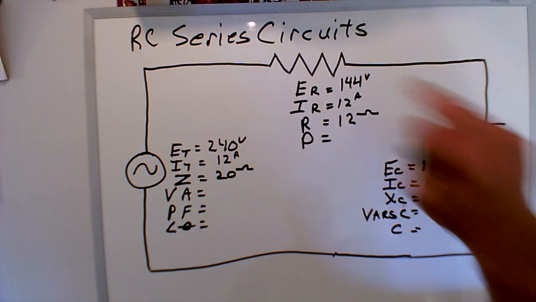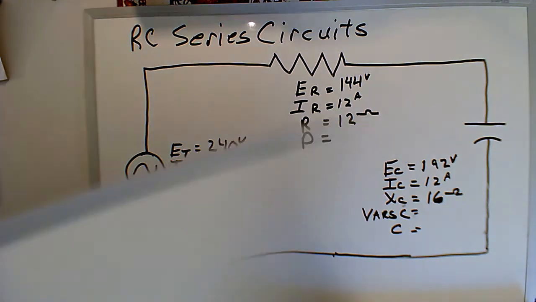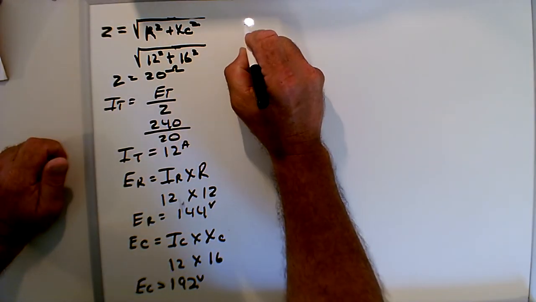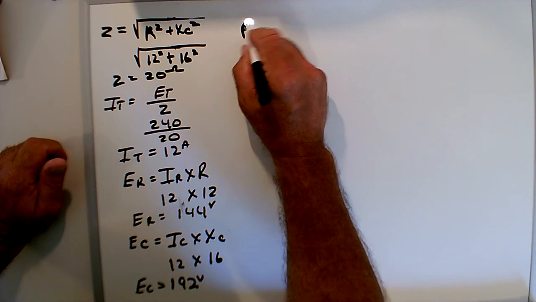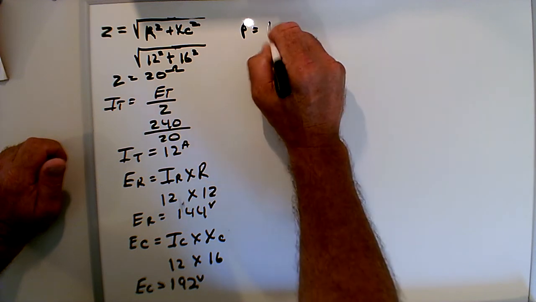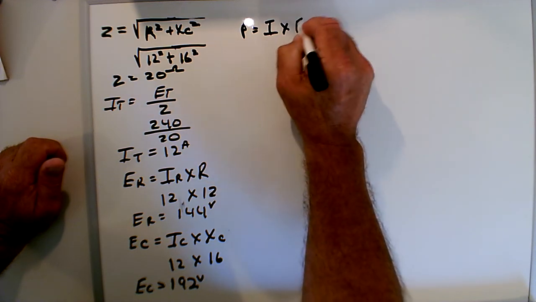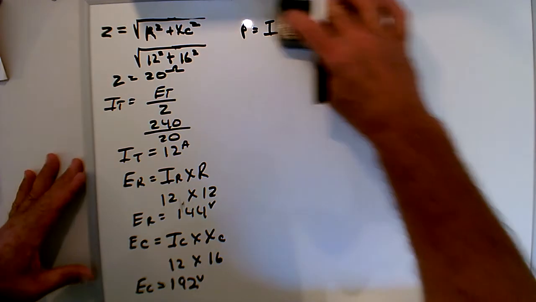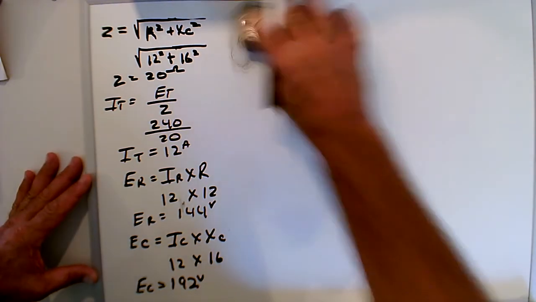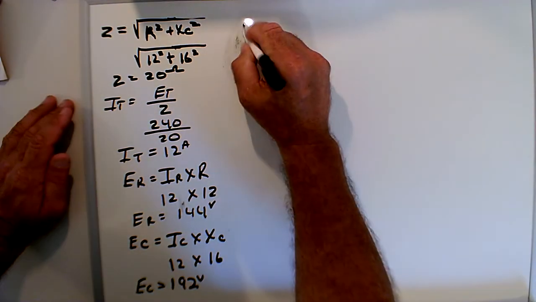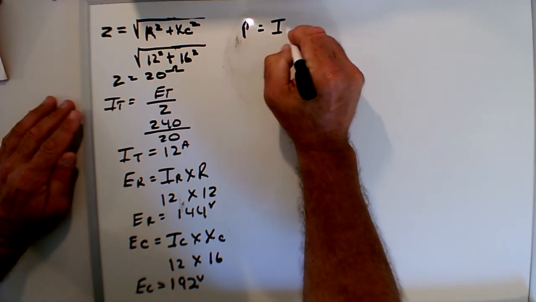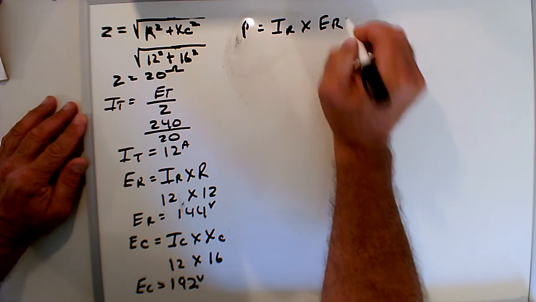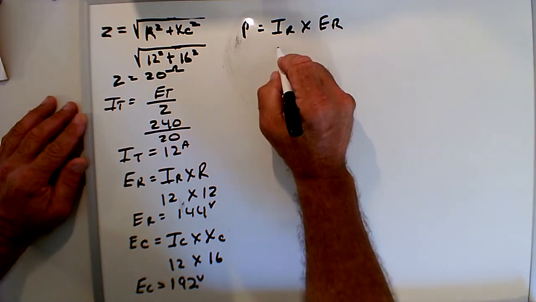At this point, I can solve for P. I know the voltage, I know the current. So the formula would be P is equal to I times E. P is equal to IR times ER. And I know that IR is constant.